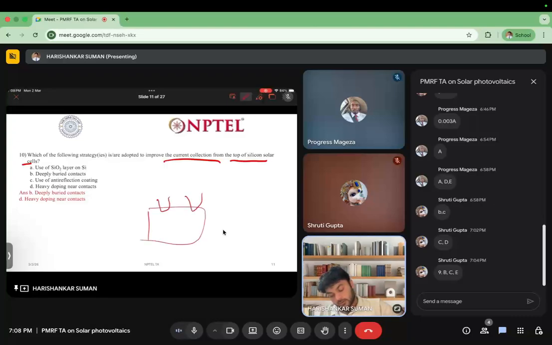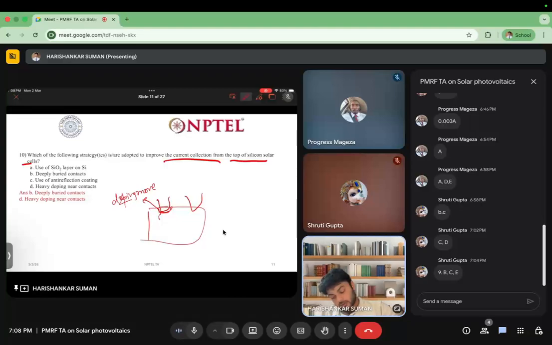Let's say the doping here should be more, because if impurity or defect is there, our electron will recombine with this impurity and we lose the electrons, so current will be less. Near contacts and deeply buried contacts.